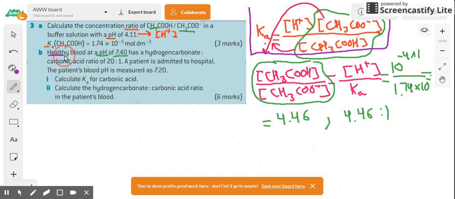So we know that in healthy blood, the Ka is going to be the concentration of protons, which is 10 to the power of minus 7.4 times concentration of conjugate base over acid. And they give us the ratio of 20 to 1. And that way we can calculate Ka.